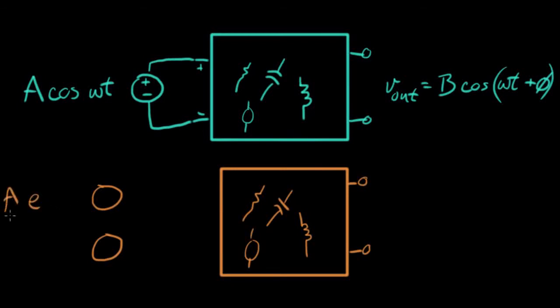This is going to be A over 2 e to the j omega t. That's this source here. And this source here is A over 2 e to the minus j omega t. That's this waveform.